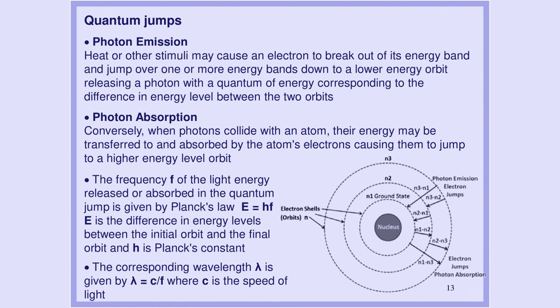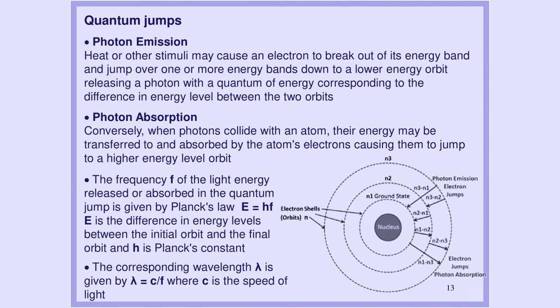Conversely, when photons collide with an atom, their energy may be transferred to and absorbed by the atom's electrons, causing them to jump to a higher energy level orbit. It is the photon absorption.